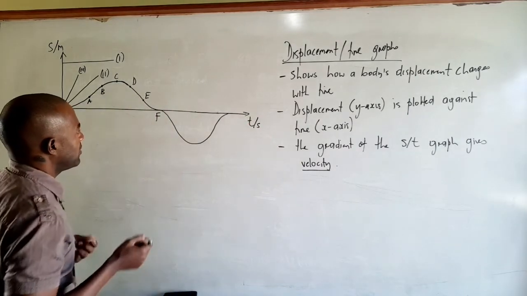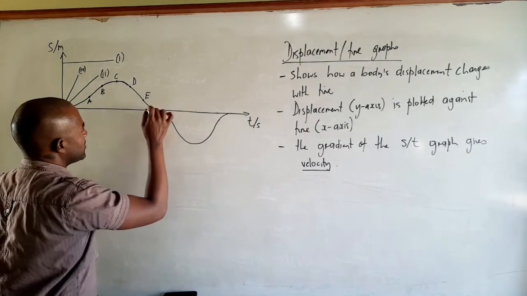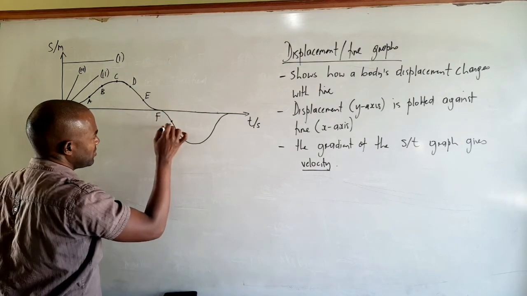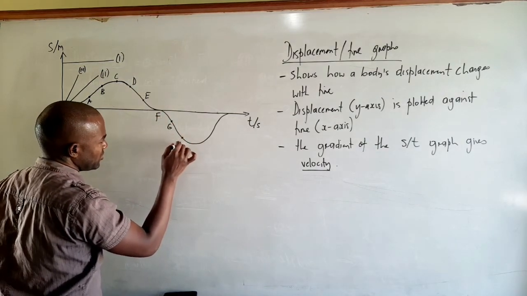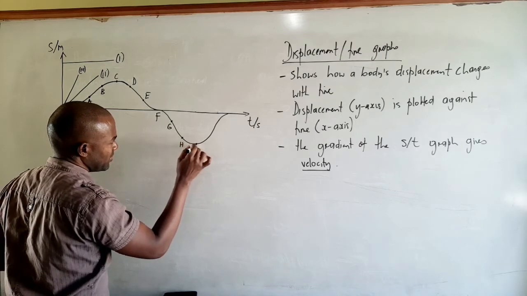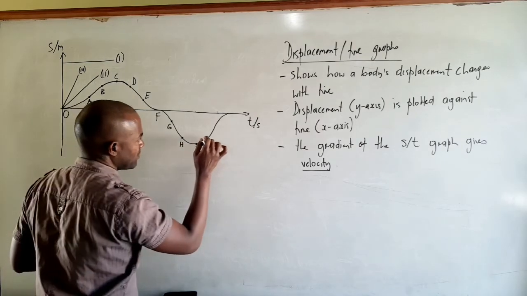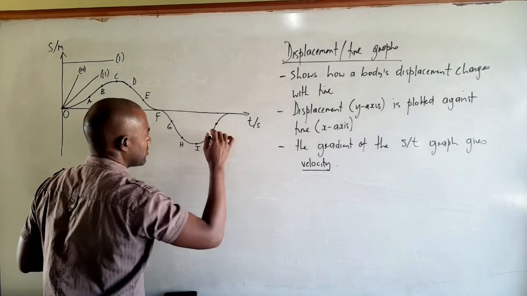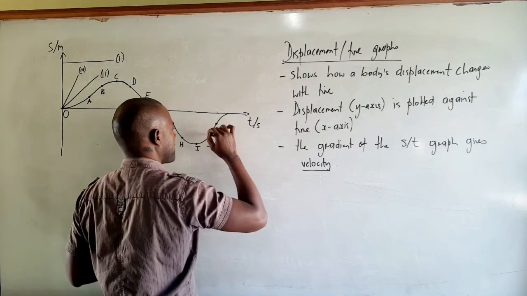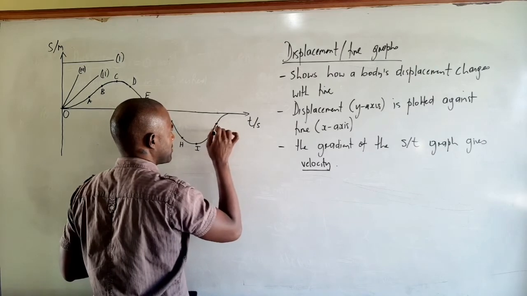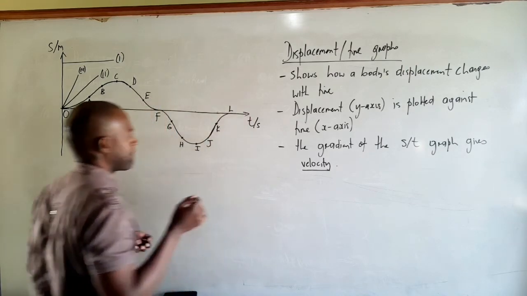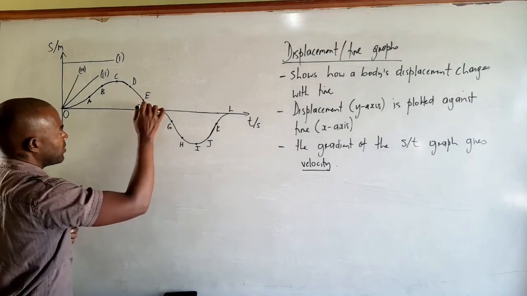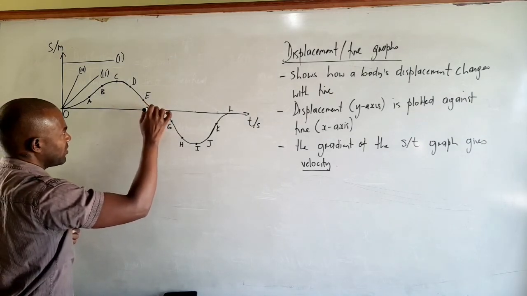Right, and let's add some additional letters. So this is F, let this be G, this be H, this be I, J, K, and L. Good. So we'll examine our displacement time graphs like that.